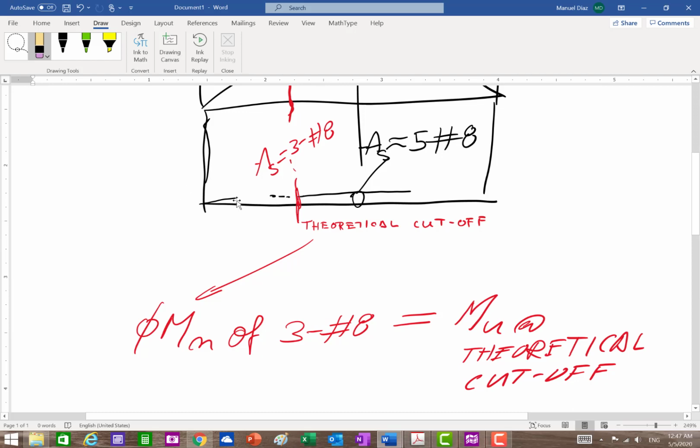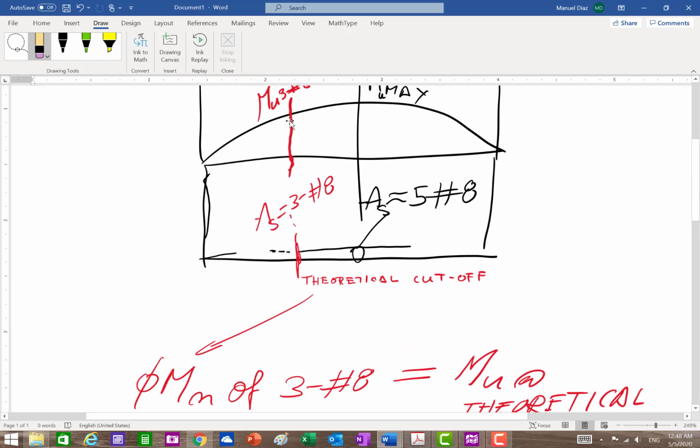So you have 3 remaining, so the design strength of the 3 bars remaining has to be equal to the Mu at that particular location. Okay, so that's your theoretical cutoff point. From there, you have to add the d, right, and the 12d_b to the bar that you're cutting. But the distance from the maximum location to the end has to be greater or equal to the development length.